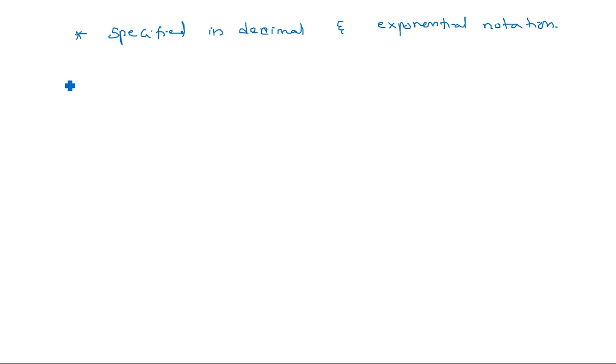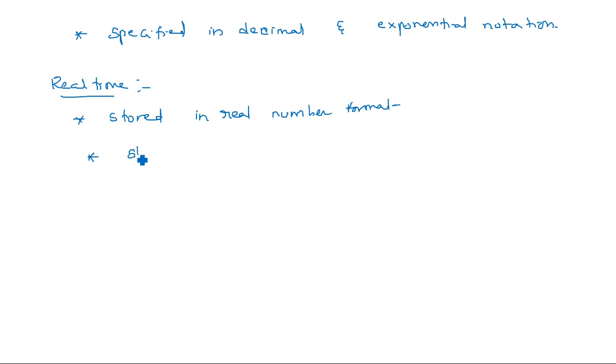Coming to real time, it is stored in real number format like your previous case, 64 bit. The default value starts from 0.0. Coming to the last one, time.